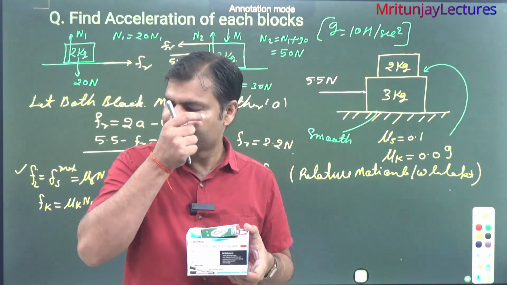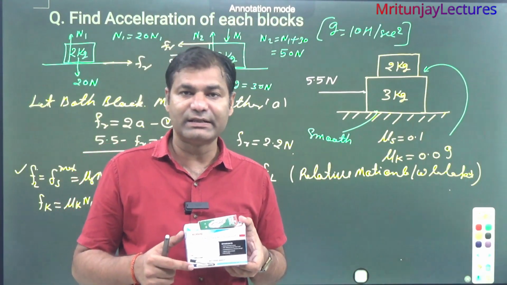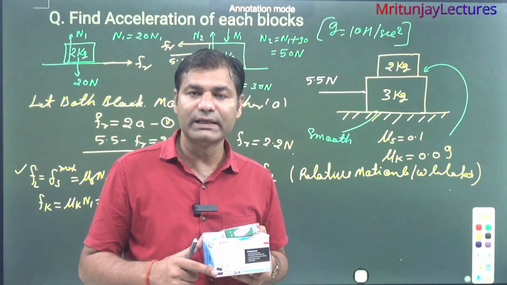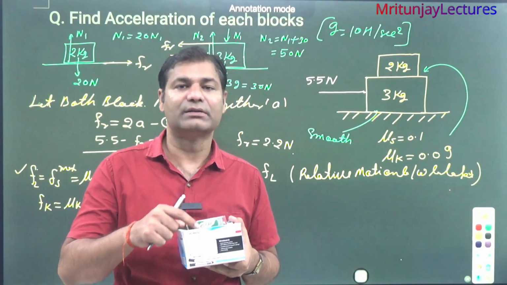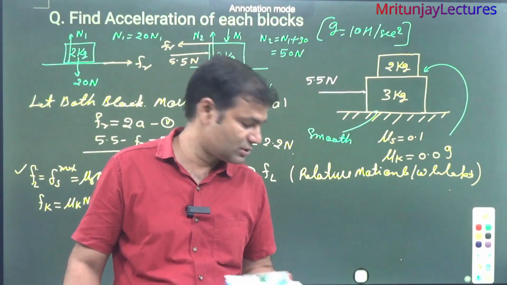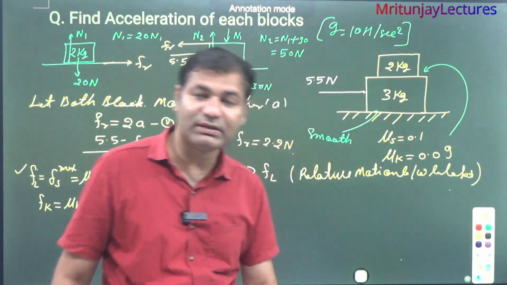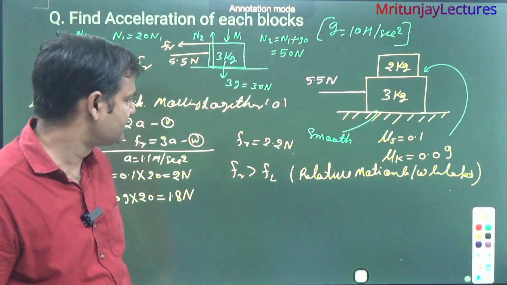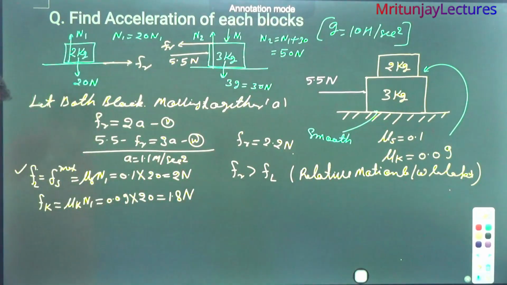But here, Fr is greater than limiting friction, so there is relative motion between these two. If there is relative motion, then both move in the same direction with different acceleration. Clear or not?